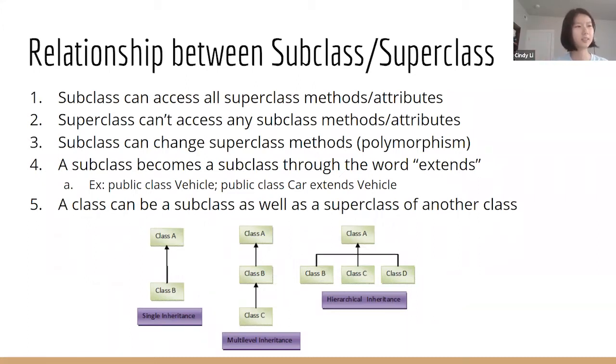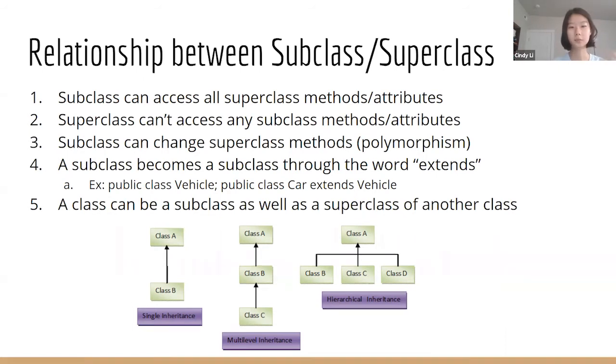I think it depends on your IDE and what version of Java you're using. But because multiple inheritance and hybrid inheritance are really complicated, we will not be going over them. They are also not as common as single, multi-level or hierarchical inheritance that we have here.